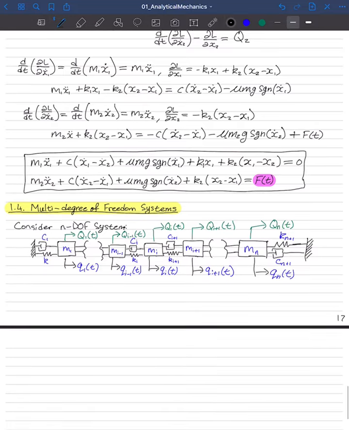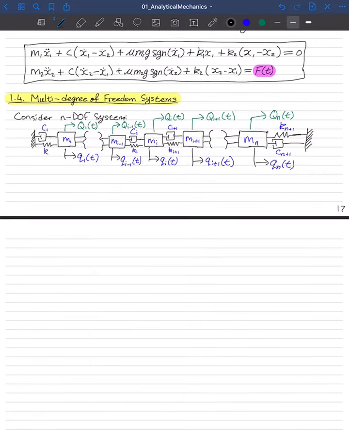Alright, let me scroll up so I have some more space to rest my hand. So we can say that from any method, the equations of motion are, we'll get mi qi double dot plus ki times qi minus qi minus 1.